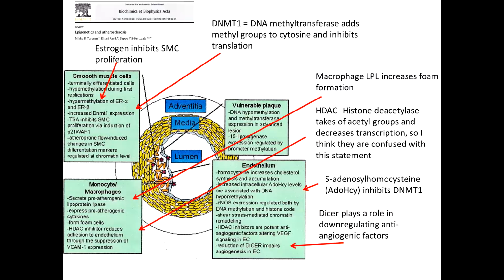At the top of that, on the left-hand side, you can see it says estrogen inhibits smooth muscle cell proliferation. You can see that it is pointing to a phrase that says hypermethylation of the estrogen receptor alpha and estrogen receptor beta.